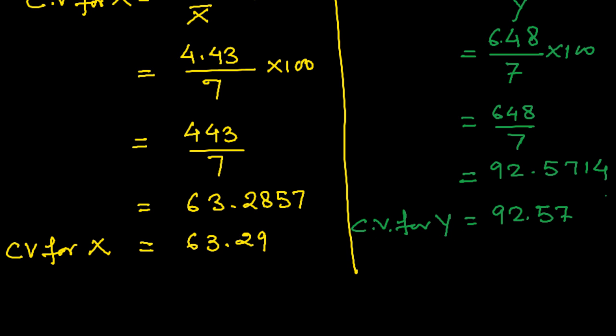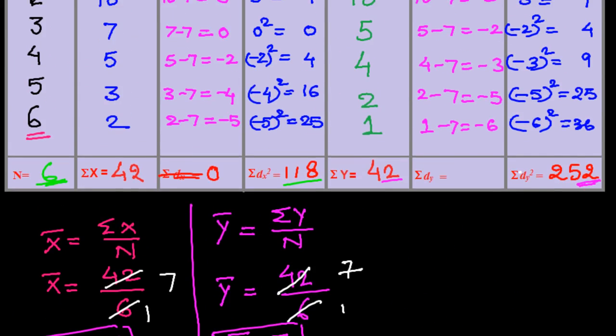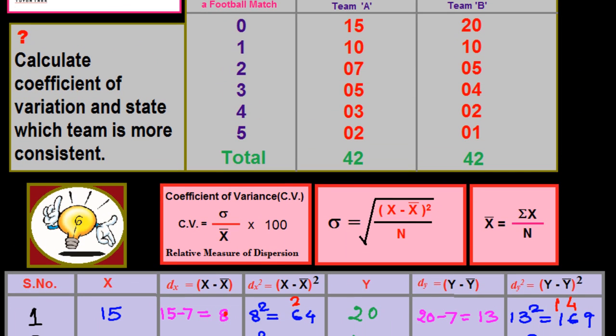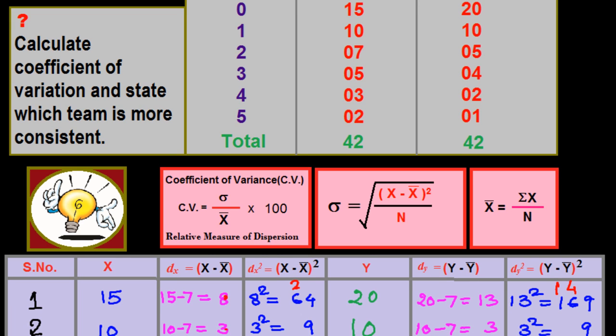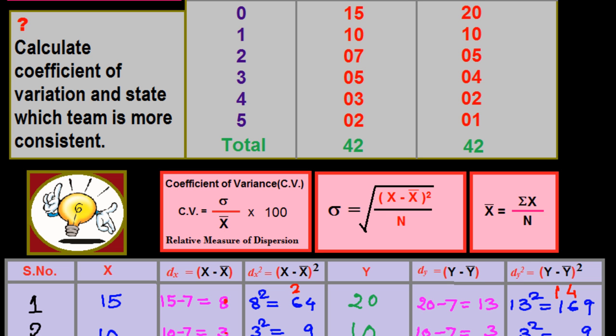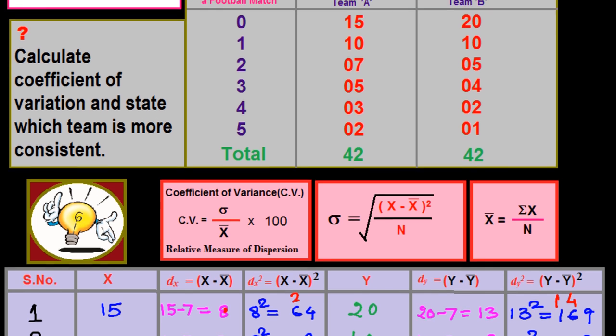So the question we had, calculate the coefficient of variation and state which team is more consistent. So we have calculated the coefficient of variation for team A and for team B, and we have to explain which team is more consistent.